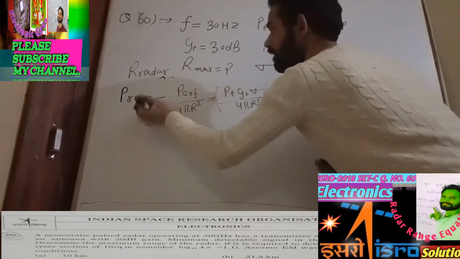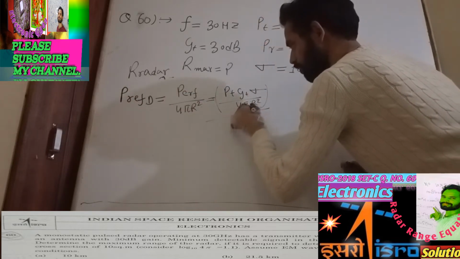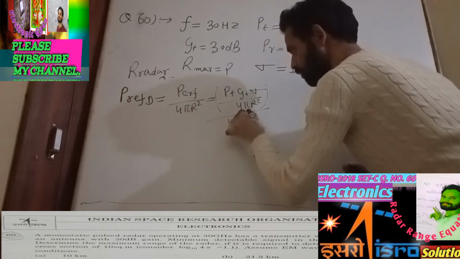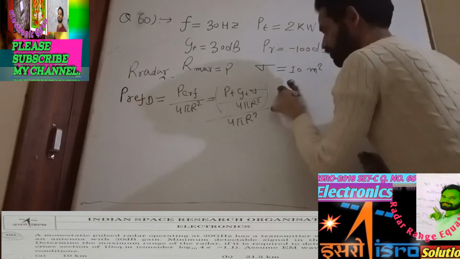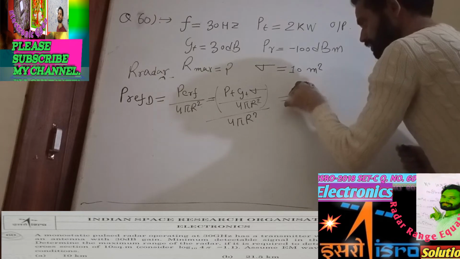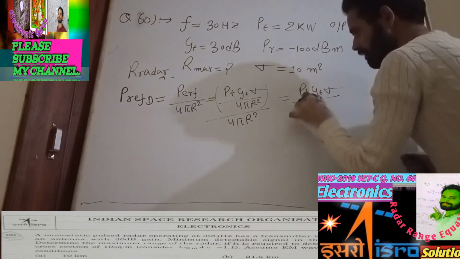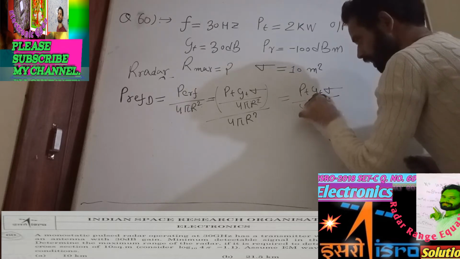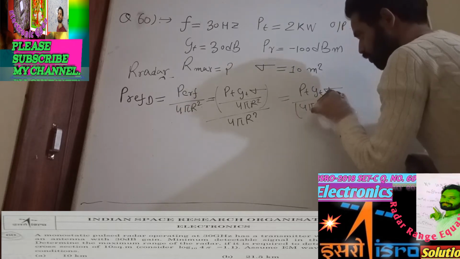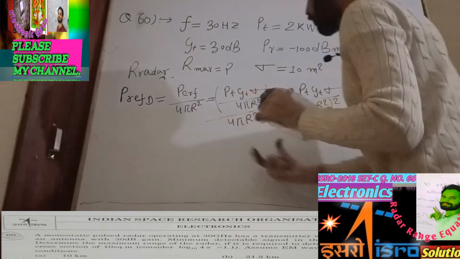Reflected power per unit area gives us the reflected power density. So therefore total reflected power density is Pt Gt sigma by 4 pi r square, whole square. This is my total reflected power density.